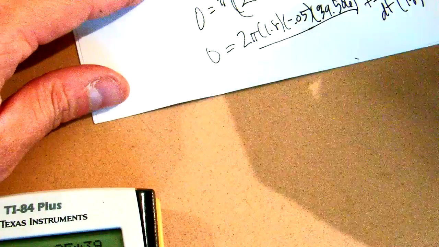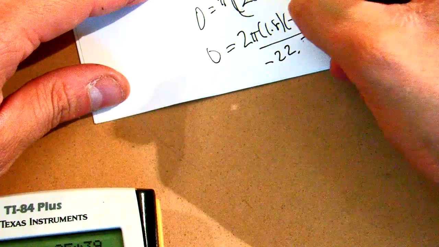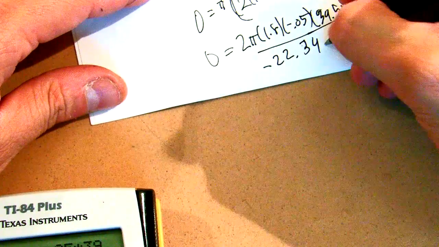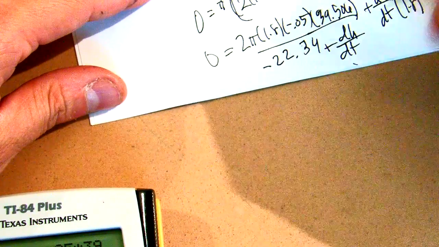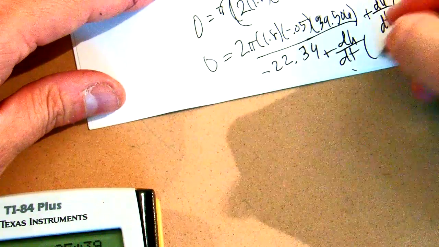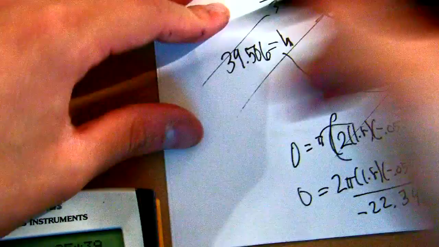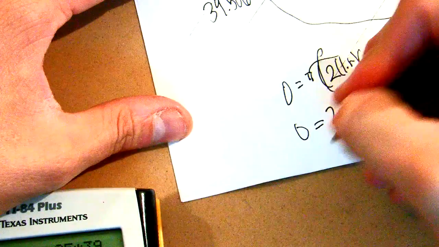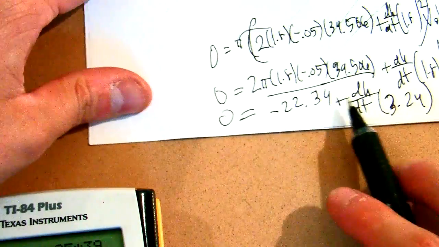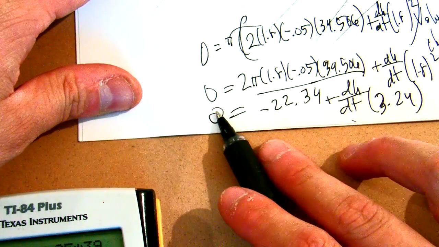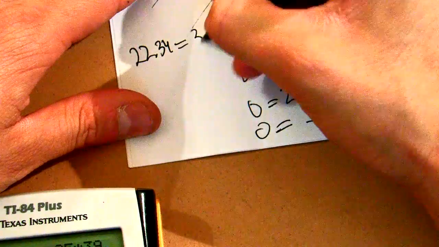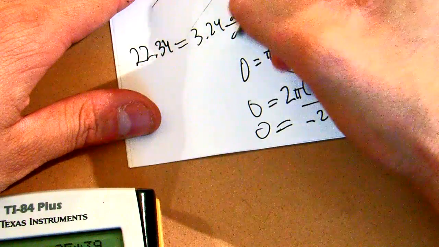And this whole mess is negative 22.34 plus dh dt times 1.8 squared, which was 3.24, right? And this is equal to 0. What I'm going to do is add 22.34 to this side. So we're going to get 22.34 equals 3.24 times dh dt.